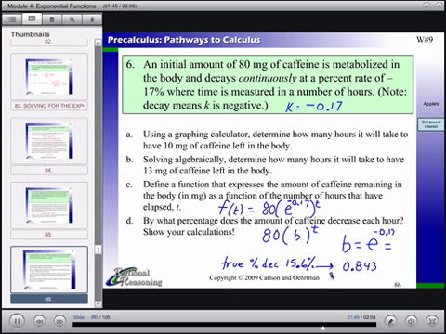Does that make sense? Should it go down more than 17%? No. As it starts going down continuously, for a while before the hour is up, what's the new amount? More or less than what we had? Less.